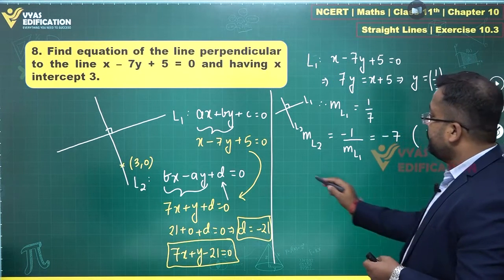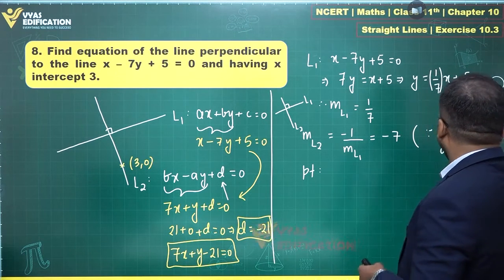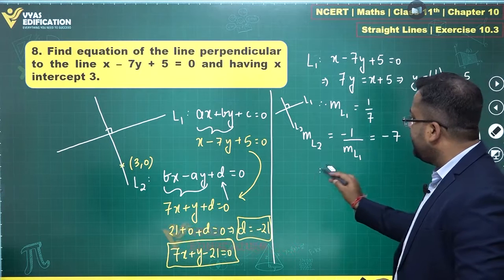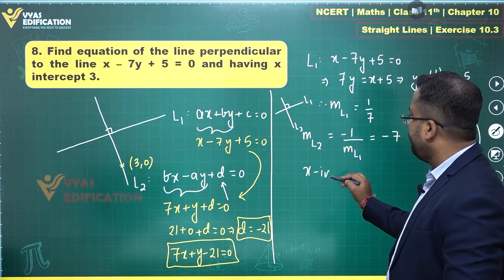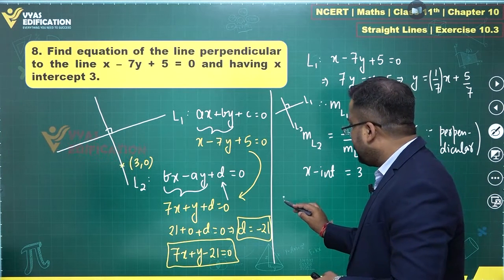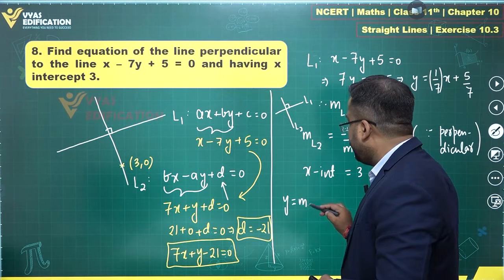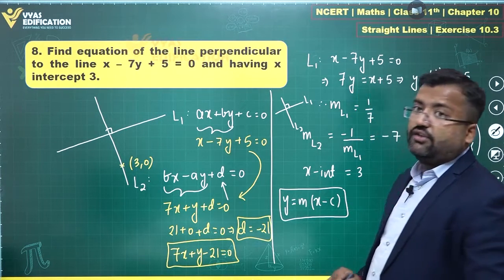And once you have this, you already have a point, which is the x-intercept. So, why not use the intercept form? X-intercept is equal to 3. The x-intercept says that the line will have the equation y = m(x - c). This is the equation of the line that you will have, right?